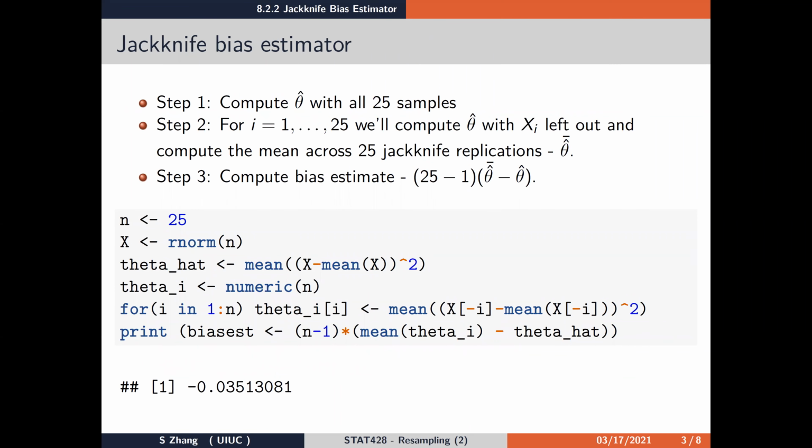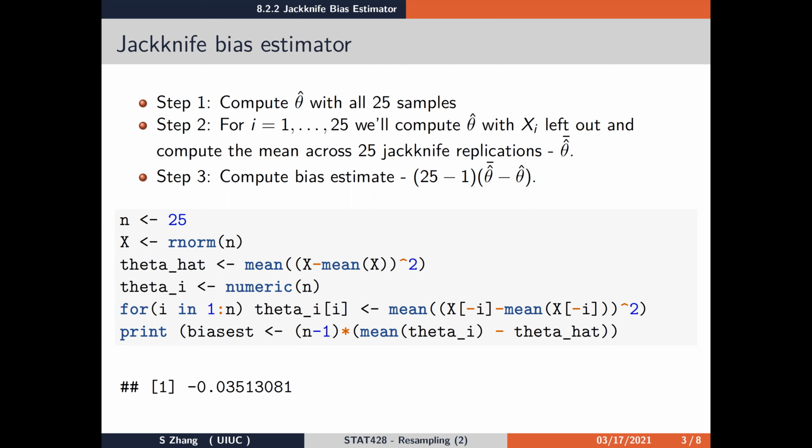To implement the Jackknife bias estimator, we will need to first compute theta hat, using all 25 samples. This is the estimator computed with the entire sample. Nothing is left out. In step 2, for each i between 1 and n, here n is 25, we will compute the theta hat with xi left out.